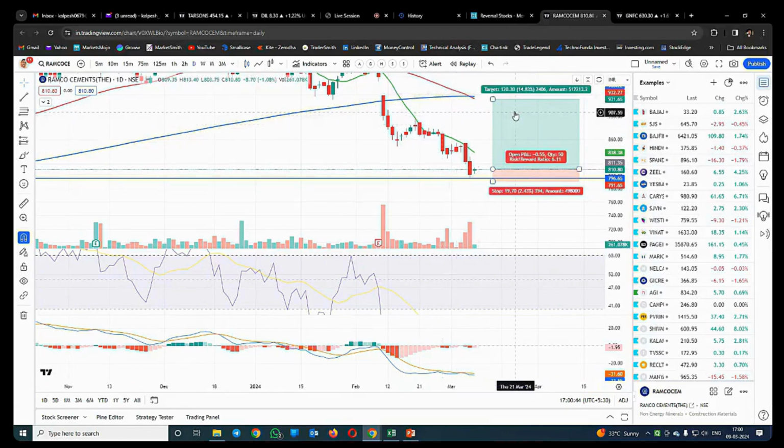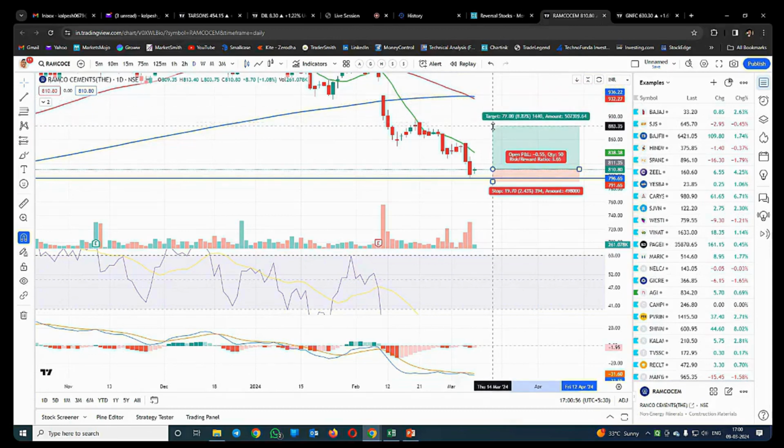Before that, this is 14%, which is again about 1:6 risk reward. So if you have patience, you can wait till here, or you can keep 1:3. You can take 50% of your profit here, and then you can trade.